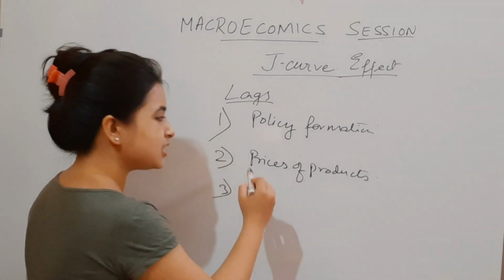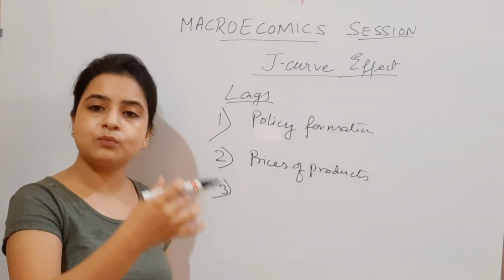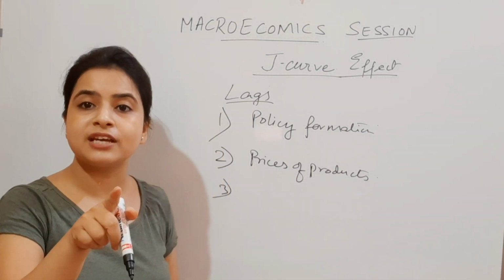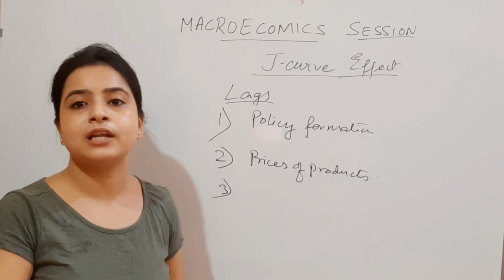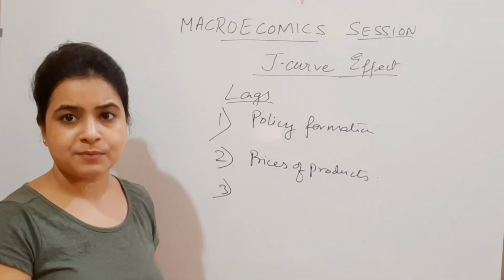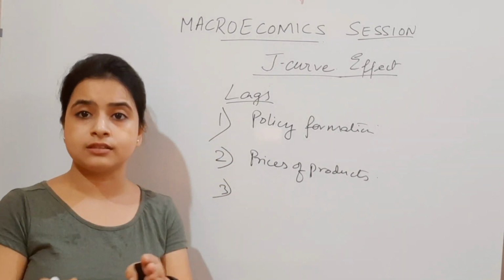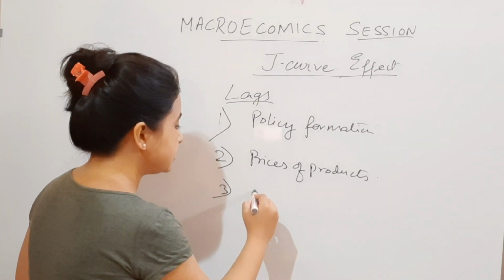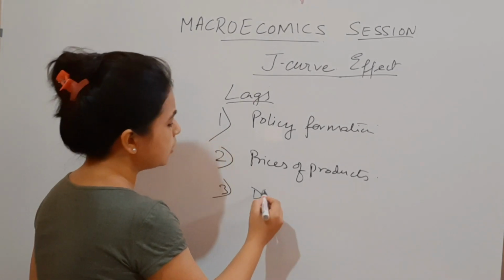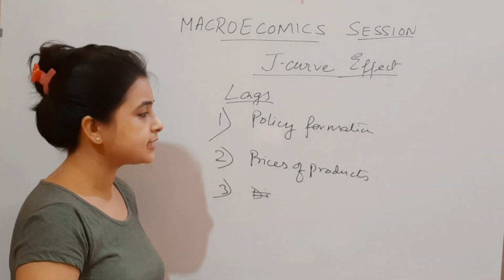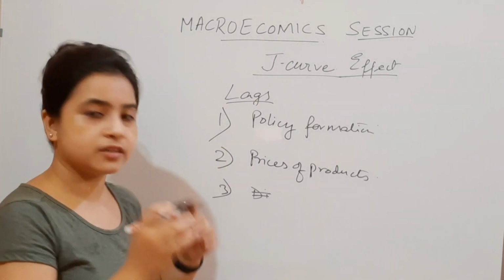Third, due to these price changes, whether prices increase or decrease, there will be a change in the demand pattern as well as in the consumption pattern ultimately. I'm not focusing on the demand, I will only be focusing on the consumption part. So there will be consumption pattern adjustment.